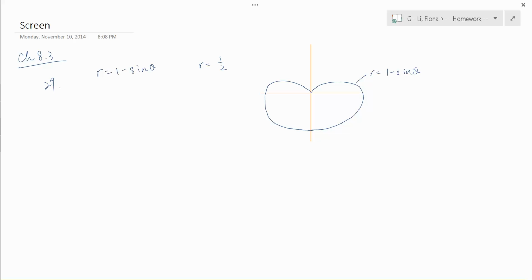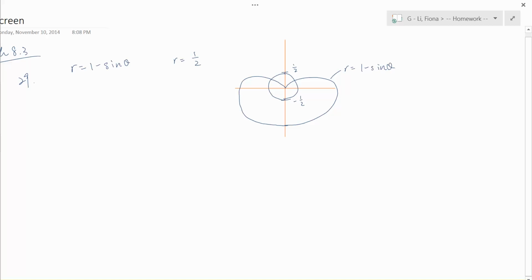Our circle has a radius of 1/2 and it's centered at the origin as well. And so this will be our circle. Let's label what we know. On the y-axis, this is 1/2, this is negative 1/2. And let's go ahead and find the intersection.